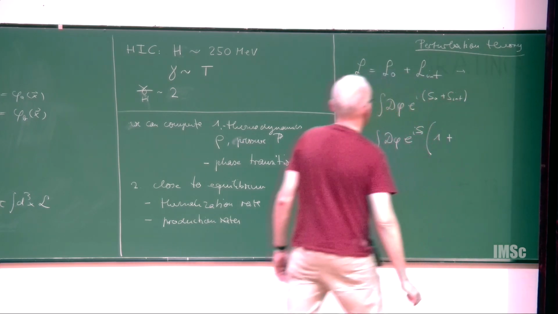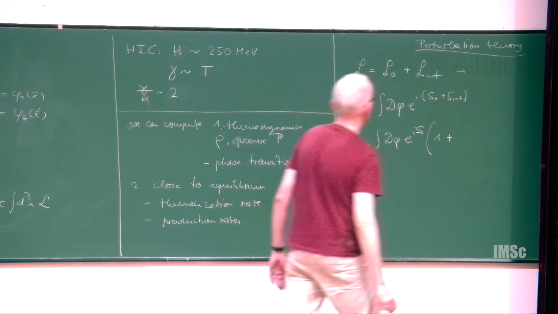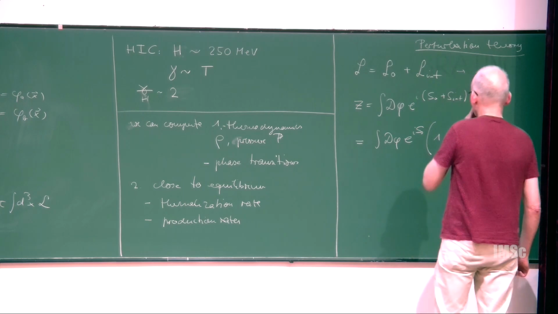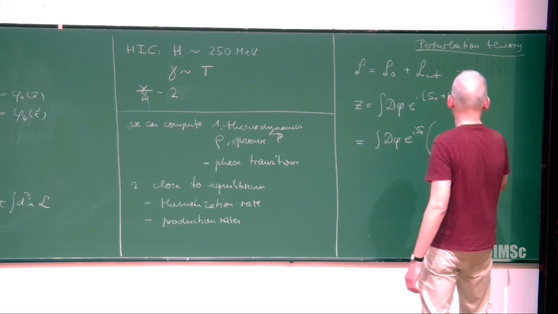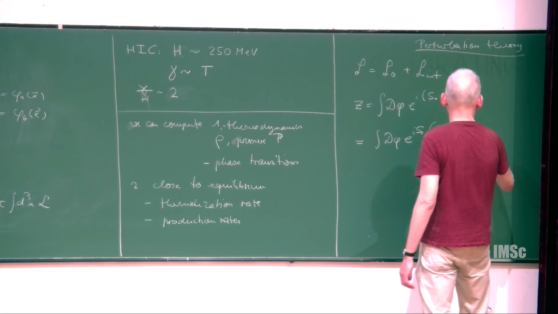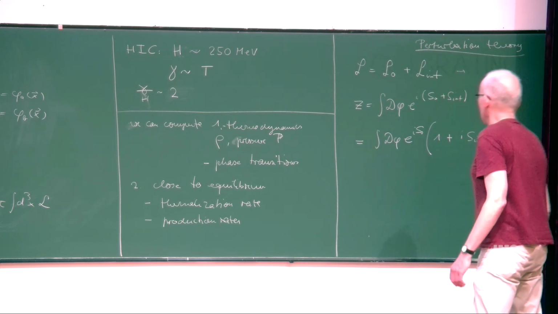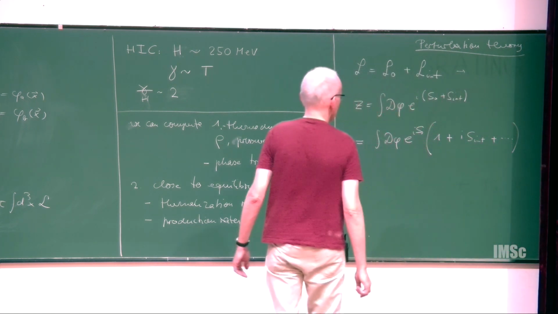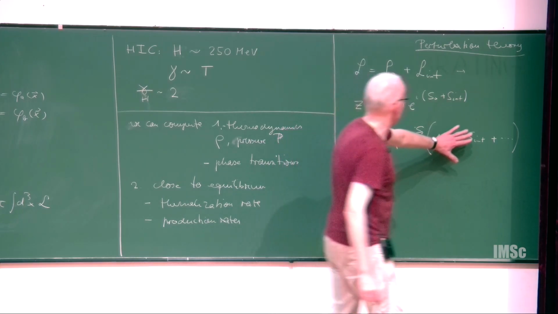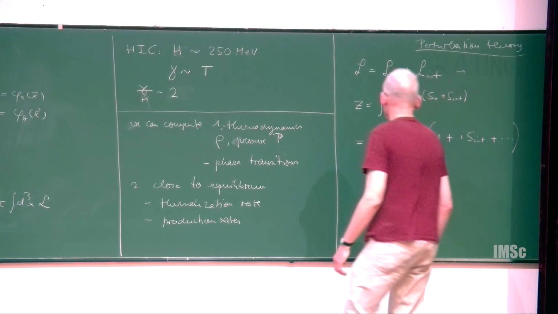And then you get the first correction, which I have here as the interaction, plus higher orders. So here we see the first term is the partition function at zeroth order.